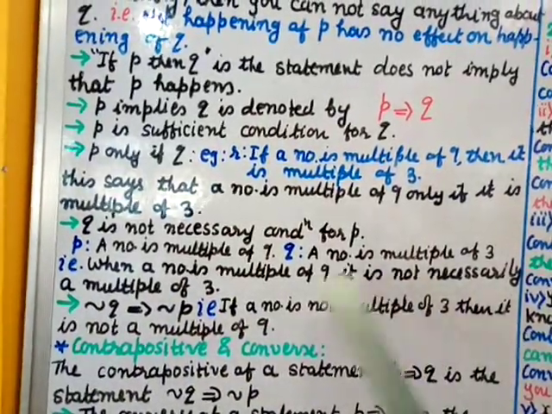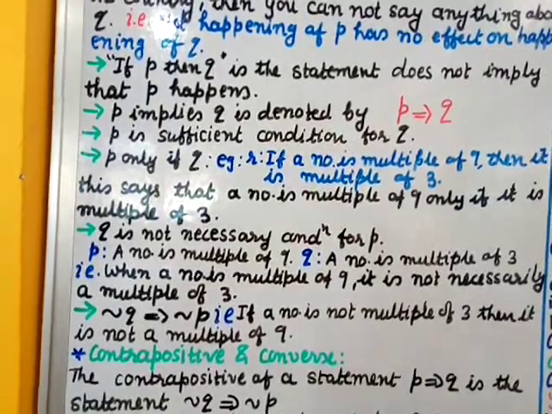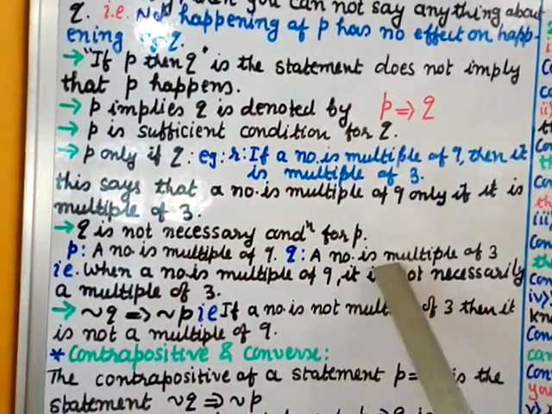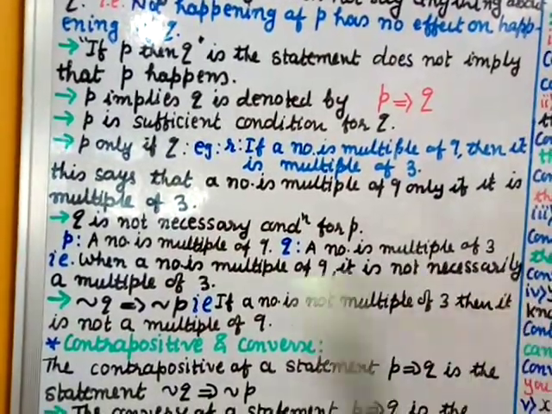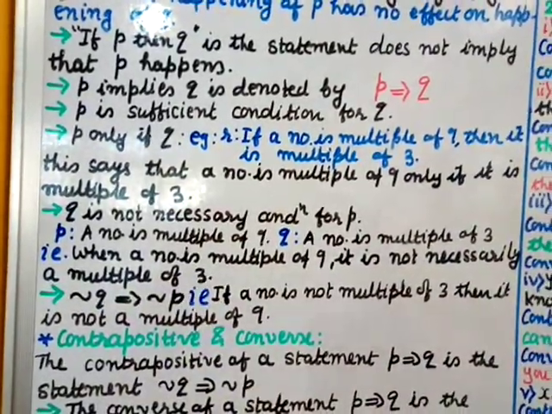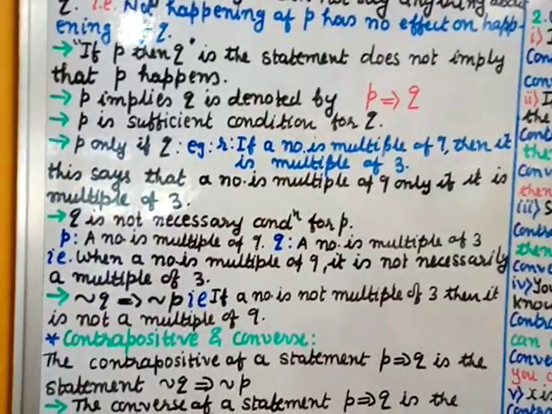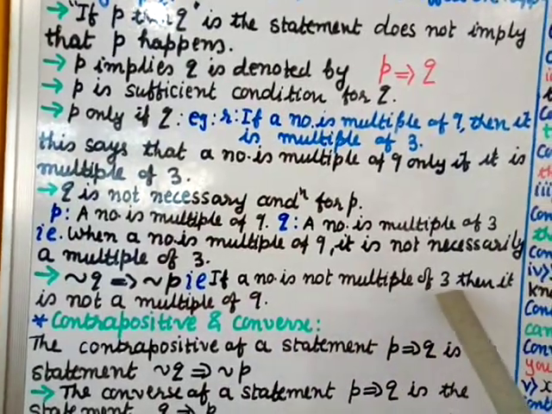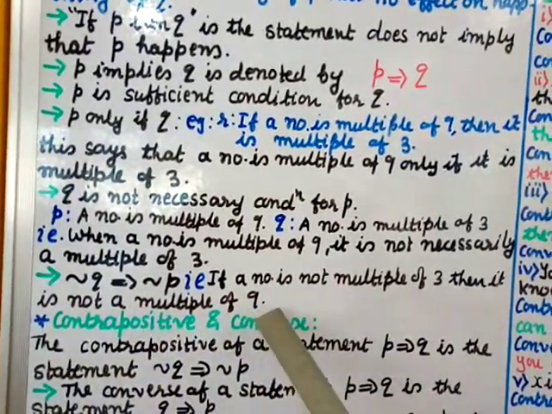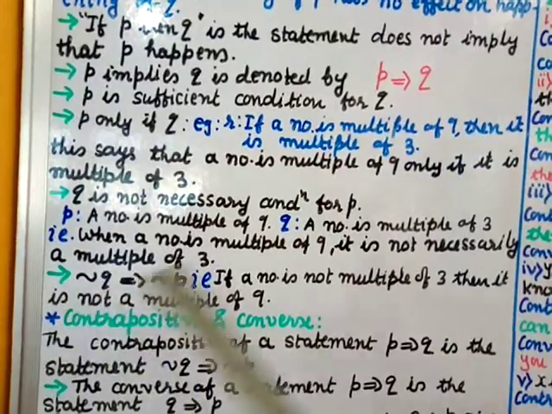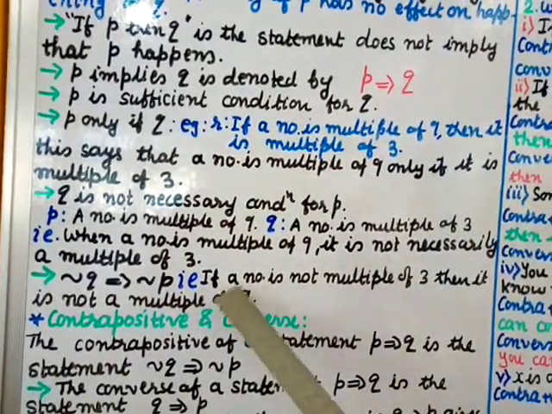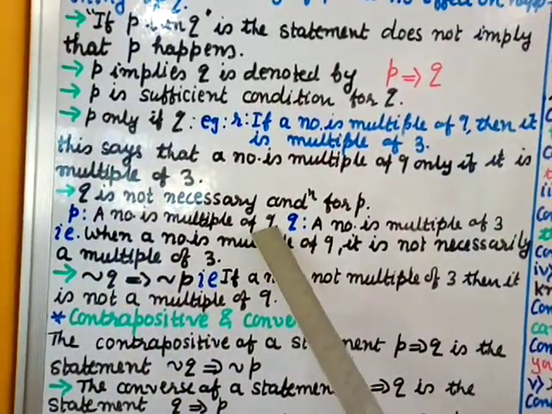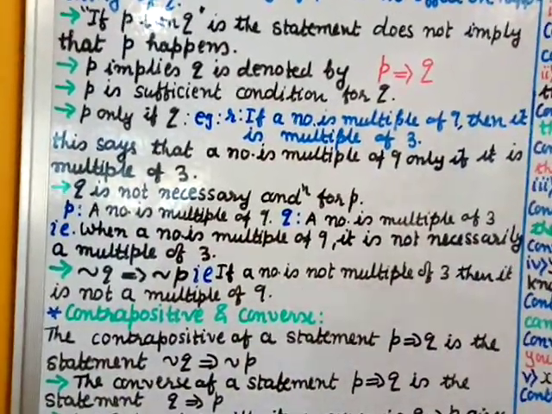Okay, so this is what means that Q is not the necessary condition. Not Q implies not P. That is, if a number is not a multiple of 3, then it is not a multiple of 9. Okay, so not Q means negation of this, that is, a number is not a multiple of 3, right? And negation, not P, means negation of this statement, that is, it is not a multiple of 9.